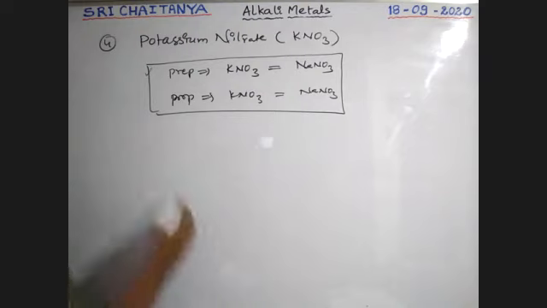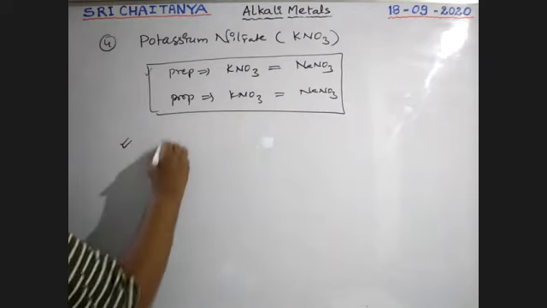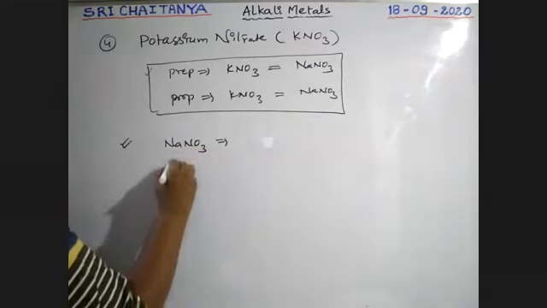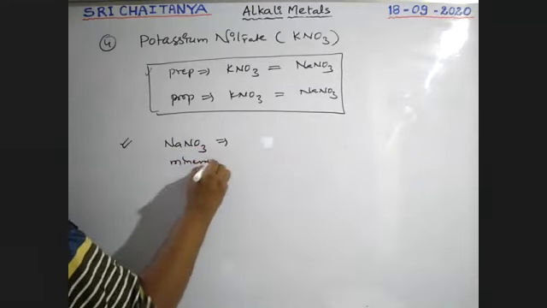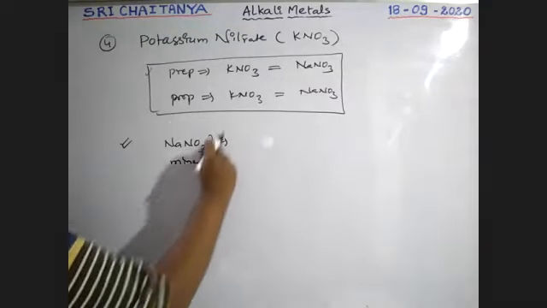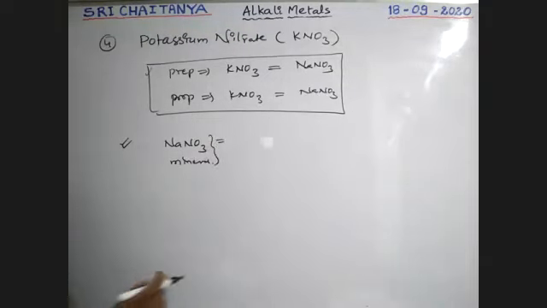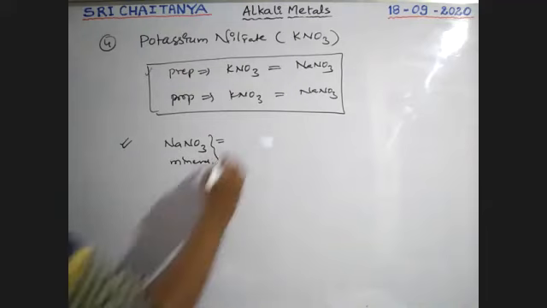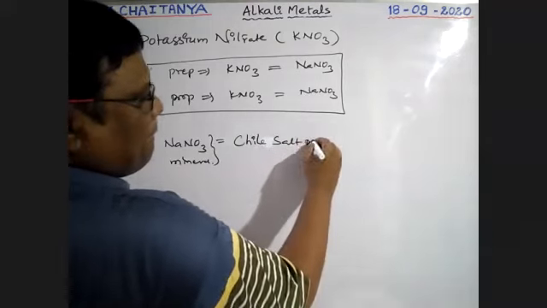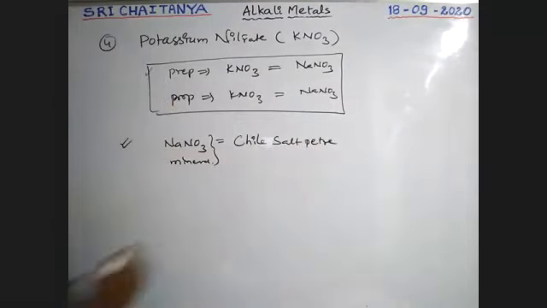Next, one more point. This mineral NaNO3, which comes out from the earth's crust, is called Chile saltpeter.